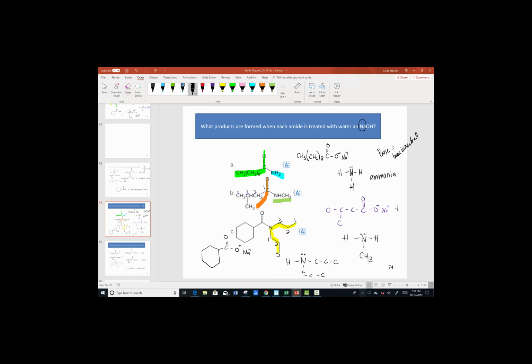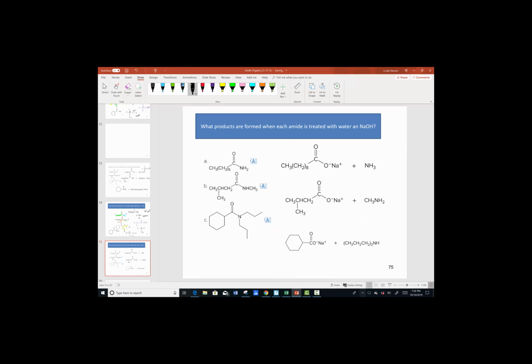And then again, let me share with you just the cleaned up copies, just so you can compare your structures that we just drew. Emphasizing that the base is the neutral compound and the acid is now the salt in a base catalyzed reaction.